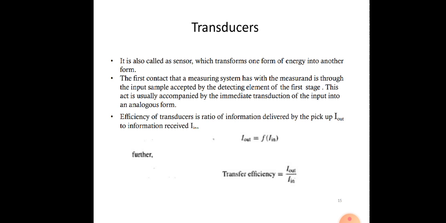The simple formula is the ratio of information delivered by the pickup, that is I out, to the information received, that is I in. It is the output given by the transducer to the input received by the transducer that is called the efficiency of the transducer.